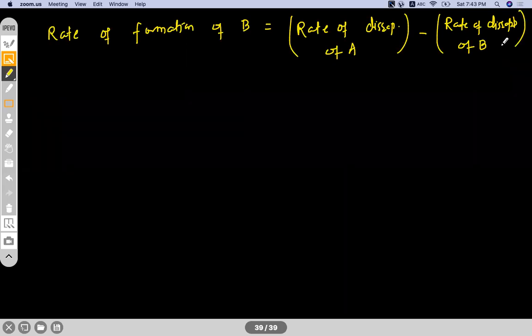Yes. The net rate of formation of B is this one: the rate at which B is forming minus the rate at which B is disappearing.